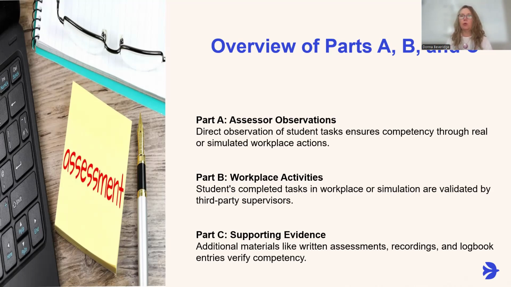Part B is your section. It's your workplace activities. So there is a template, actions that you need to address. So again, when we look at the template itself, I will demonstrate what's required in this section, but basically you have to give specific detailed examples of how you worked with somebody or how you completed a task.